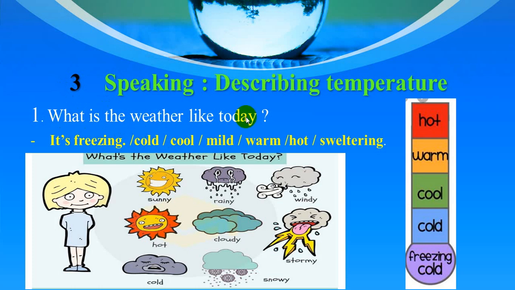It's hot. It's sweltering. It's warm. It's freezing cold or it's cool. So you would choose depending on the weather, and of course you will know that by simply looking at the window.